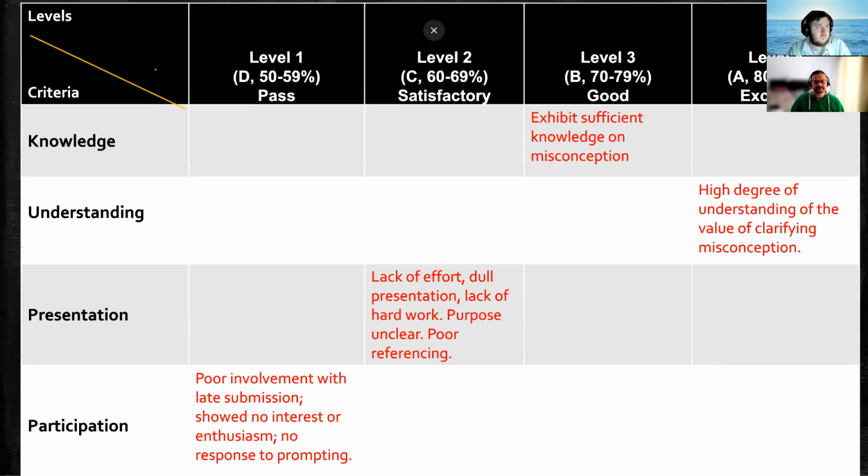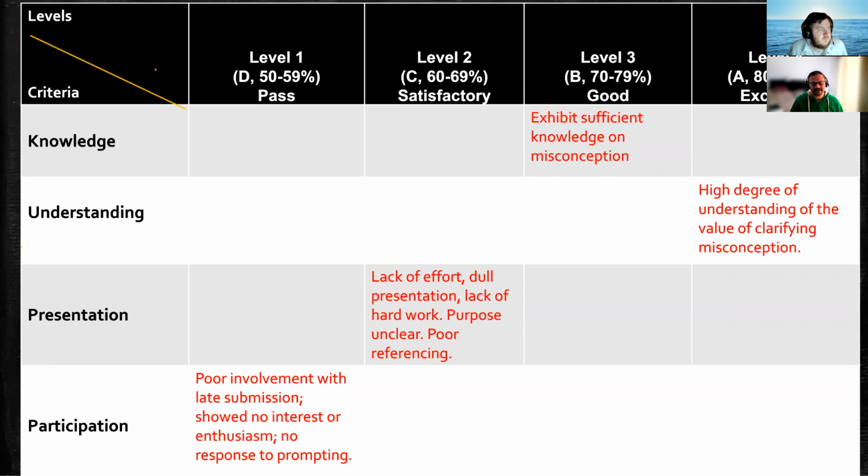Now we'll see a template, and you're going to work out your own descriptors from that. That's the template Ben and I have made for you, which you're going to work on again in the breakout room. The performance criteria are down here. We have kept it very simple for you for this summative assessment. Knowledge: we're going to assess your knowledge about the concept and misconception.